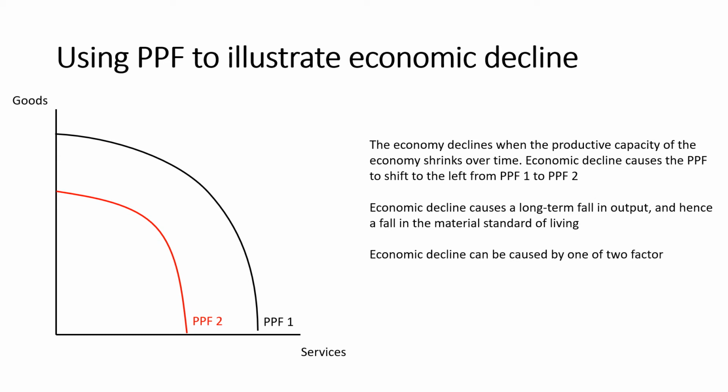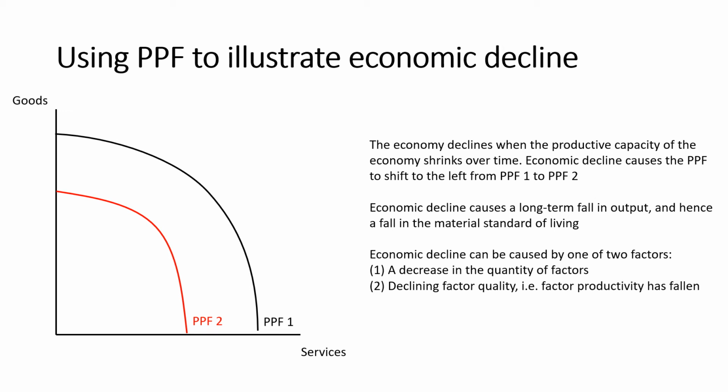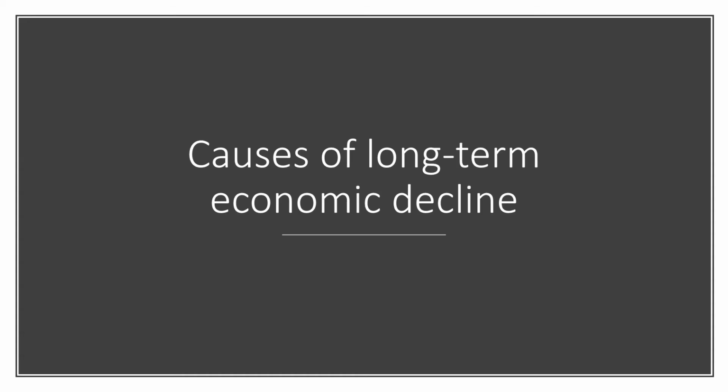Economic decline can be caused by one of two factors. Number one, a decrease in the quantity of factors of production, and number two, declining factor quality, i.e. factor productivity has fallen. So what we'll do next is examine some possible causes of long-term decline.